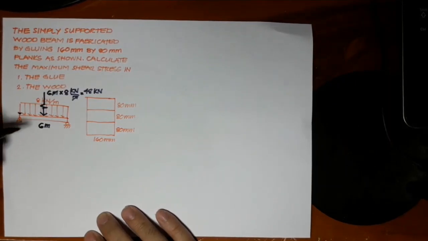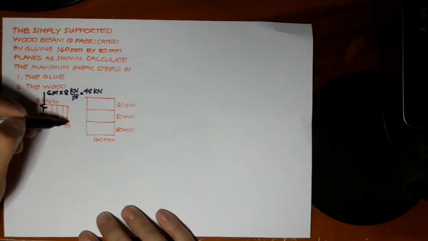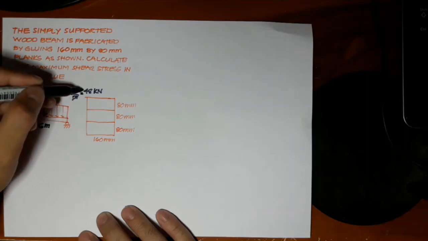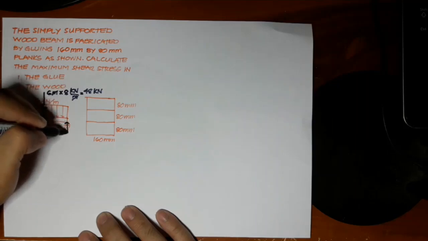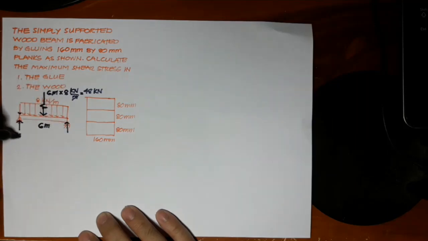Now, since the beam is symmetrical, you can just divide the total resultant with the two supports. So here we divide 48 kilonewtons by the two supports. Therefore, each support will react with a value of 24 kilonewtons.